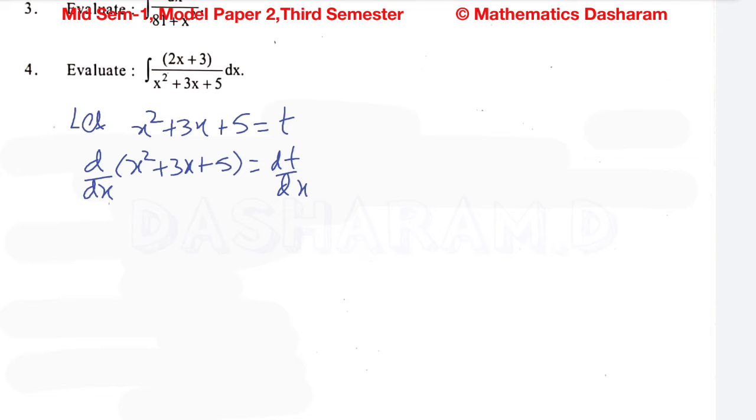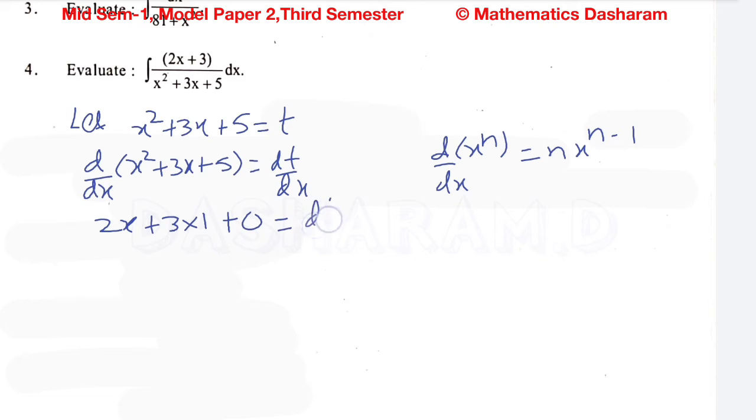Here derivative of x square is 2x because the formula is d by dx of x to the power of n equals to n into x to the power of n minus 1. And derivative of 3x is 3 into 1 plus derivative of constant is 0. It is equals to dt by dx. Then 2x plus 3 equals to dt by dx.